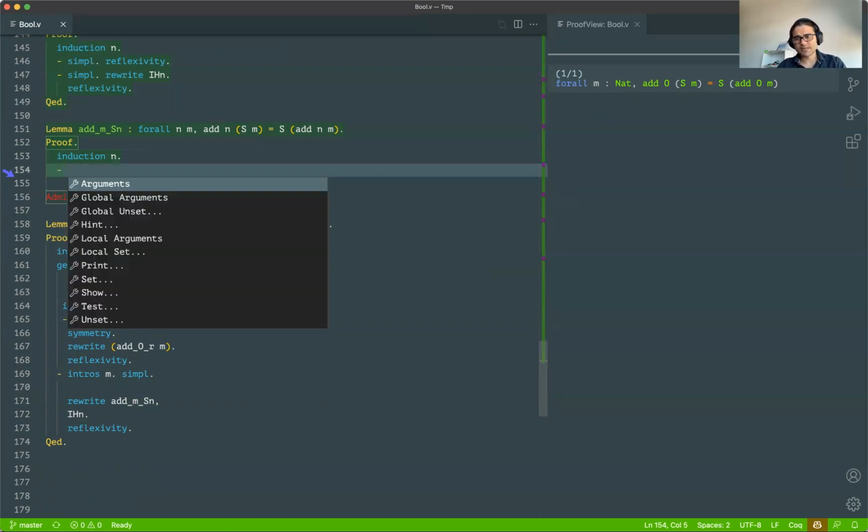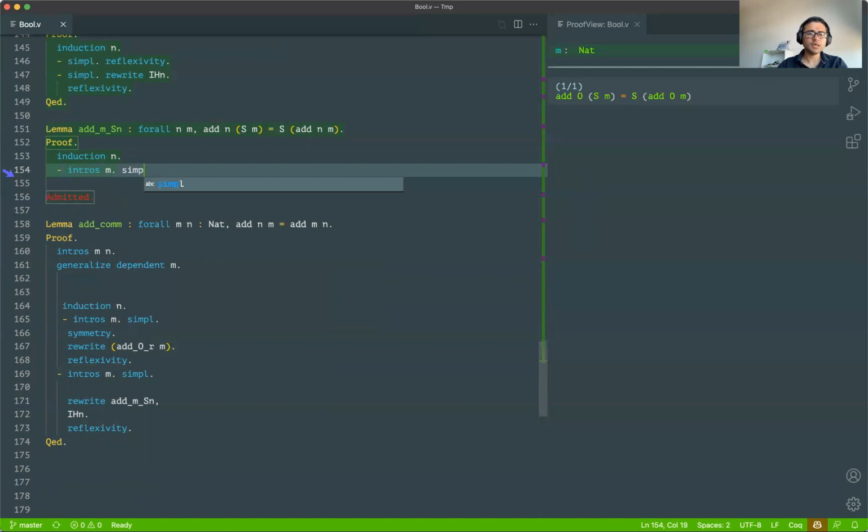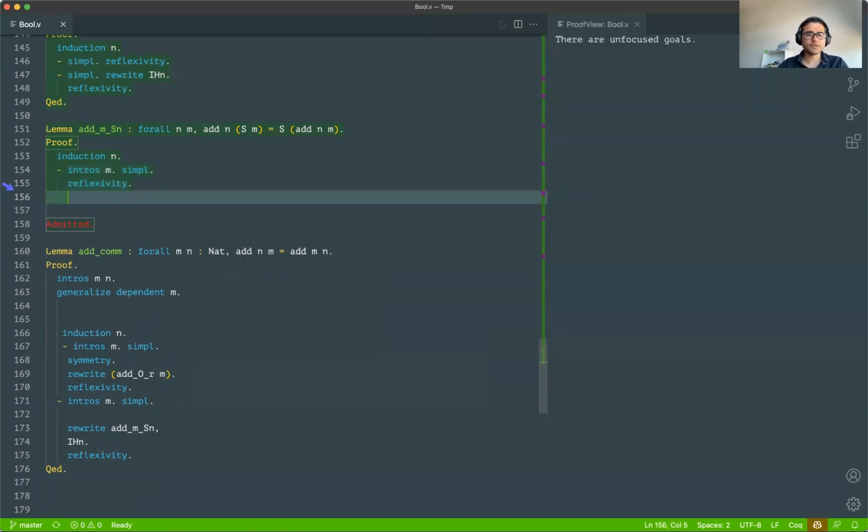It's not going to matter in this case, but since I'm doing these lectures, I want to make these ideas more explicit. So intros M, then I do simpl, and reflexivity is good.